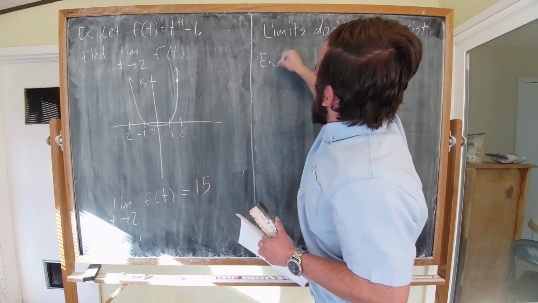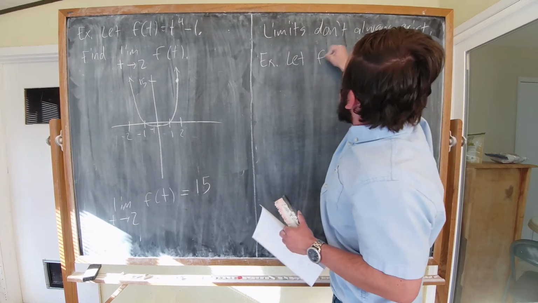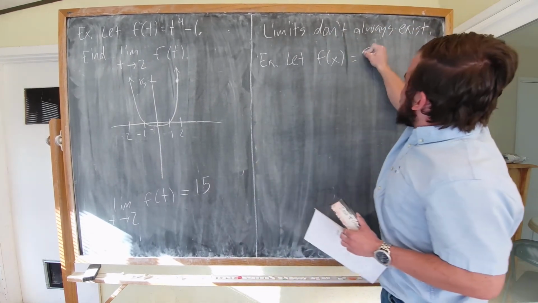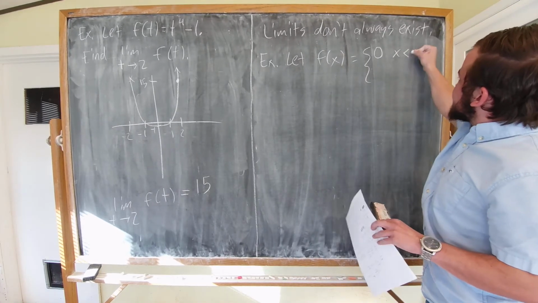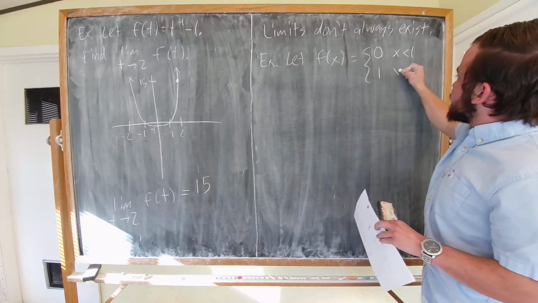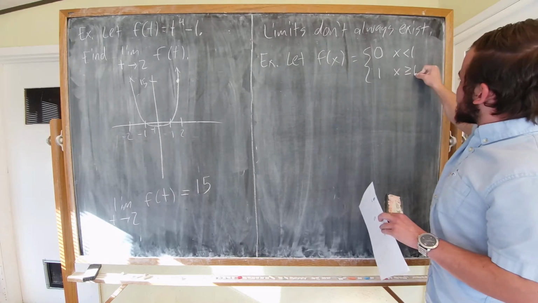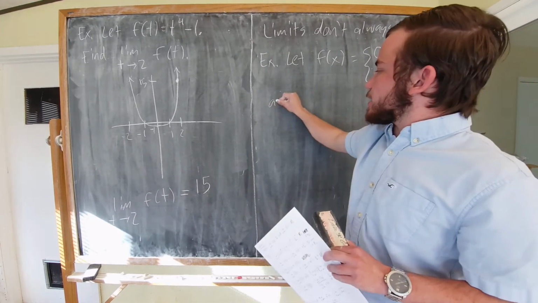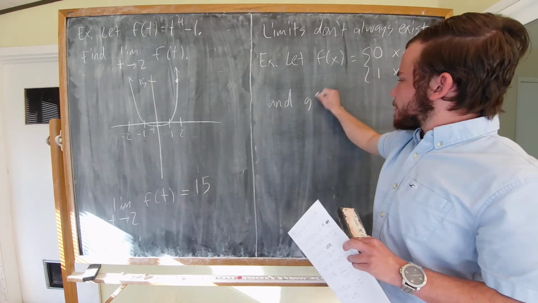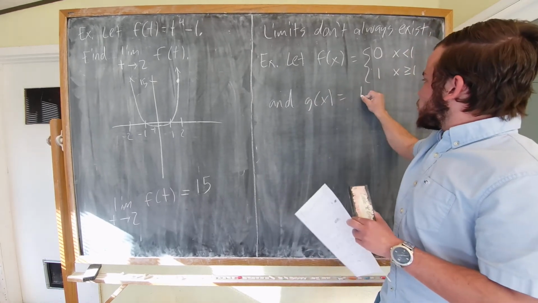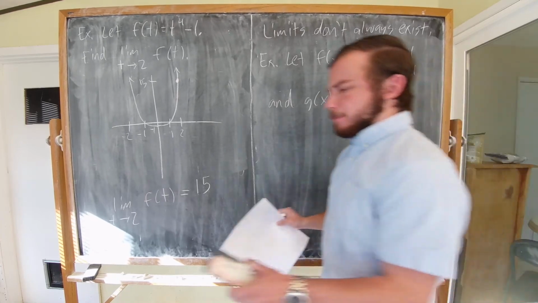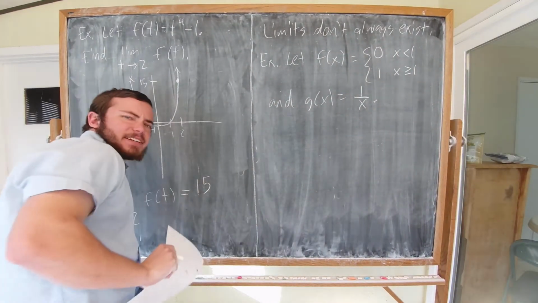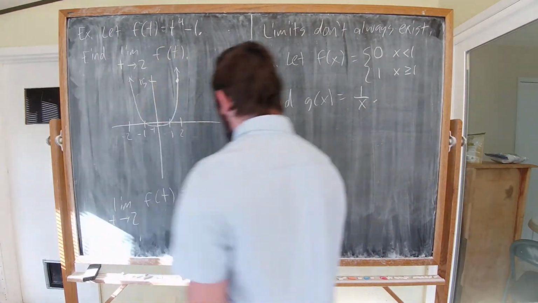In our example of that, let f of x equal 0 when x is less than 1 and 1 for x greater than or equal to 1. And g of x equal 1 over x. Okay, both of these are pretty nice functions to be dealing with.